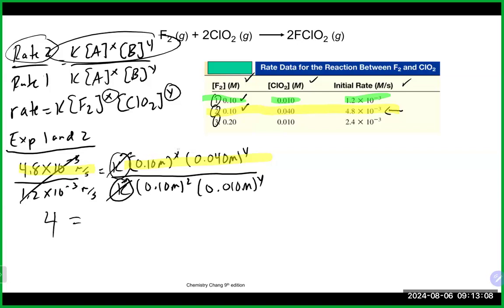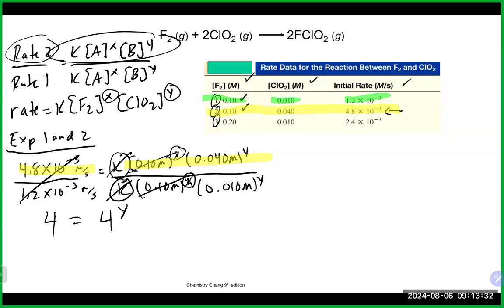When I come to my concentrations that are the same, these X's are also going to be the same number. I don't know what it is at this point, but I do know that they should cancel out. Now, when I come over here, 0.04 divided by 0.01 gives me 4 to the Y in this case.